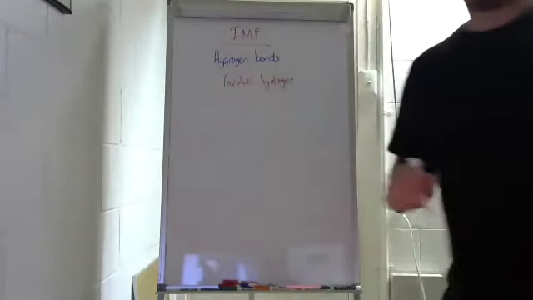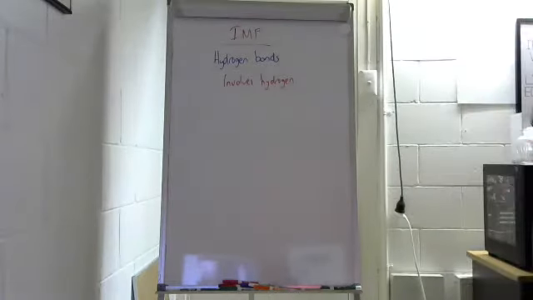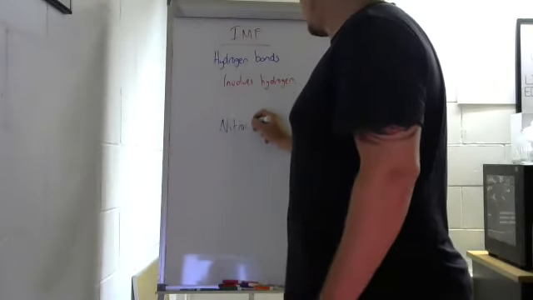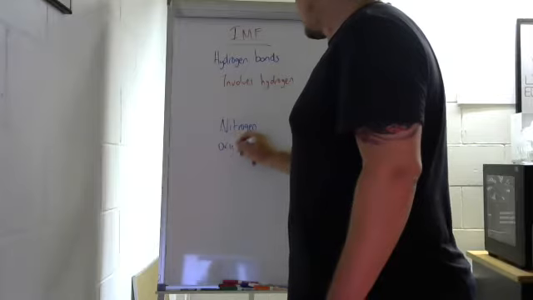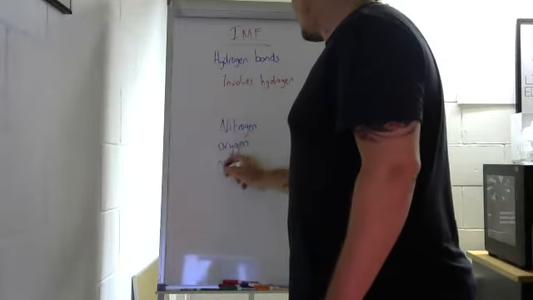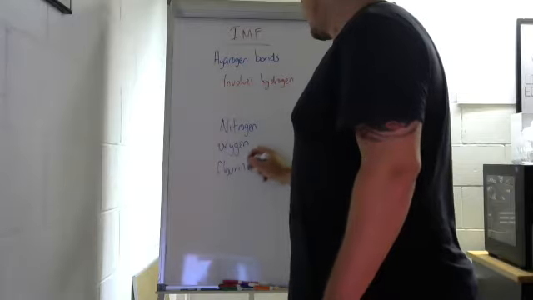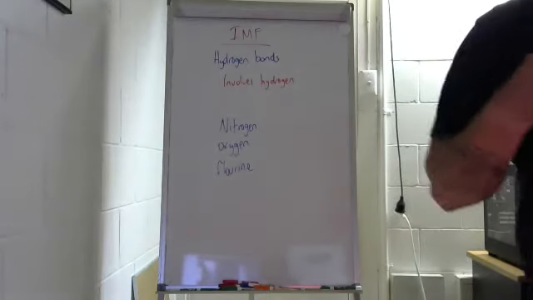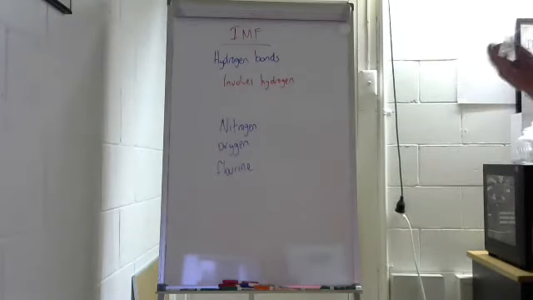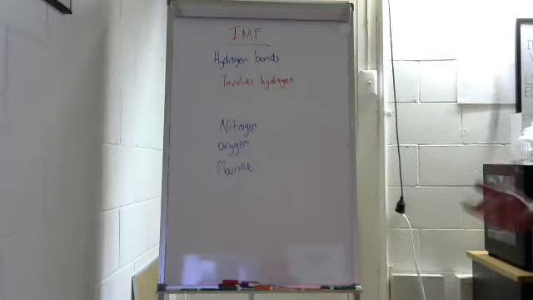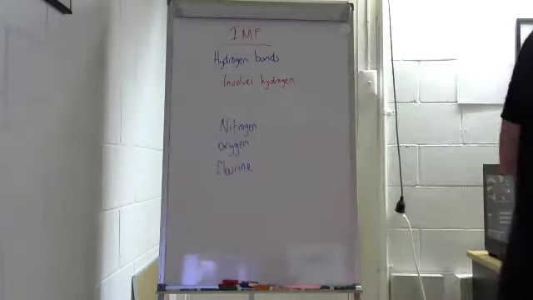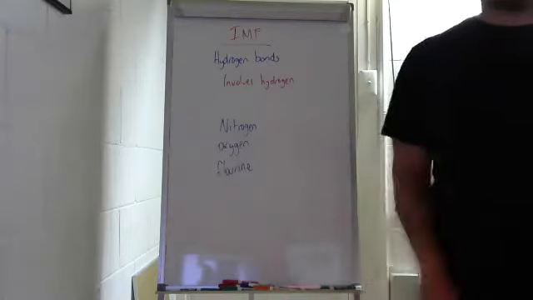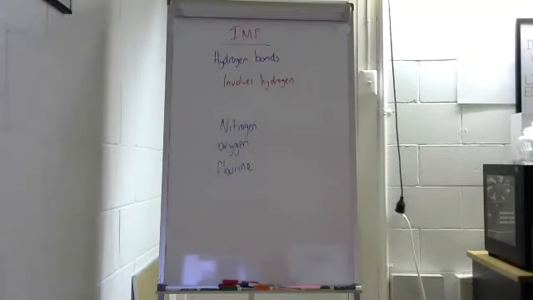So this occurs when we have hydrogen bound to either oxygen, nitrogen, and fluorine. And whilst you're going through your formula book, find the electronegativity values and the differences between these and let me know what they are.